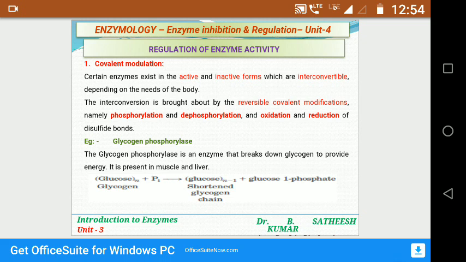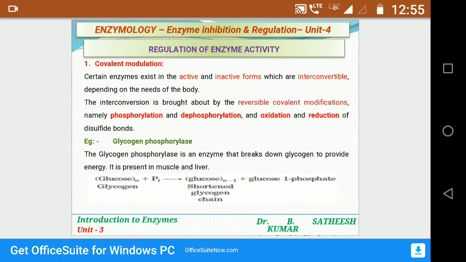The enzymes may be active or inactive in form, so they are interconvertible by means of covalent modification. Phosphorylation, dephosphorylation, and sometimes oxidation and reduction of disulfide bonds in the enzyme also play a major role in the regulation of the enzyme activity. The best example for this covalent modulation is glycogen phosphorylase.